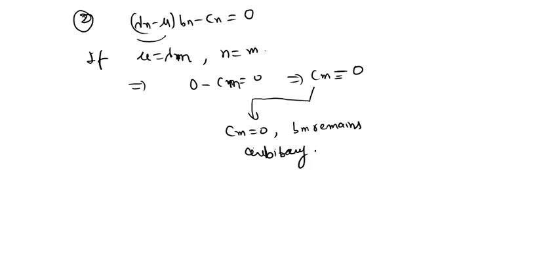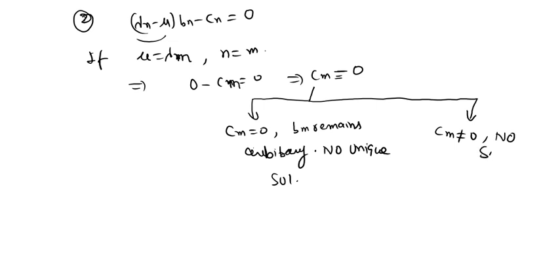So in that case, there is no unique solution. And the second case is, if mu equal to lambda m but Cm is non-zero, then there is no solution. So this given problem doesn't have any solution. So if mu equal to one of the eigenvalues, then the problem may have infinitely many solutions, or the problem may not have any solution. That depends on the situation.